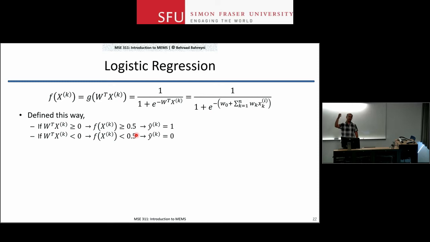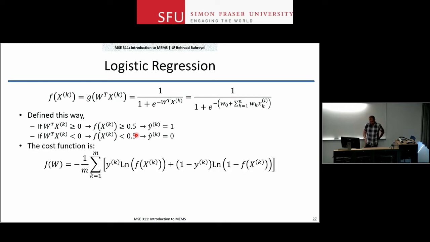Or if I think about it as a probability, the probability is less than 50% for this data point to belong to this class. So I therefore say it doesn't belong to that class.